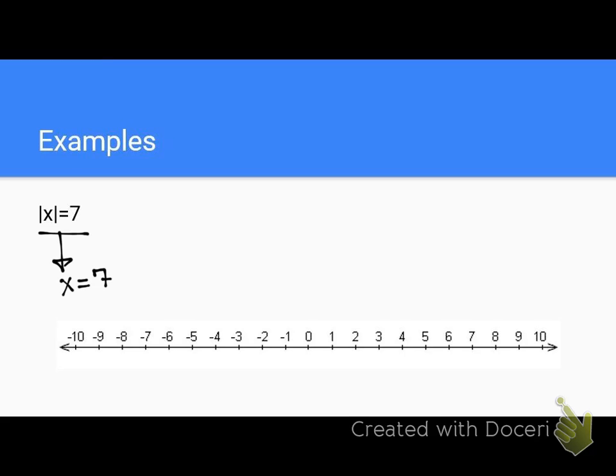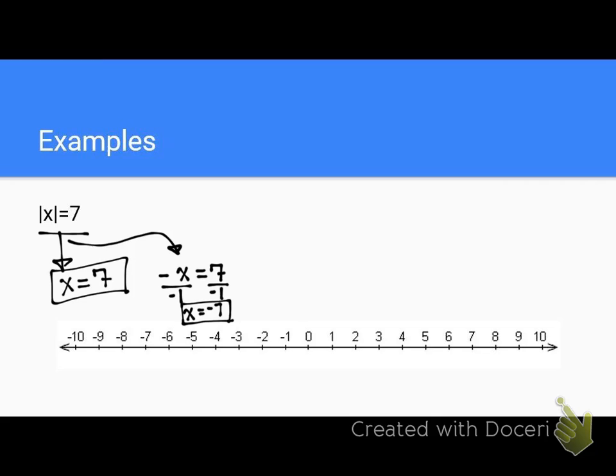And the second way I could look at as the negative x is equal to 7. Divide both sides by negative 1 or multiply by negative 1. And we figure out x is equal to negative 7. So there's two answers when we deal with absolute value signs.